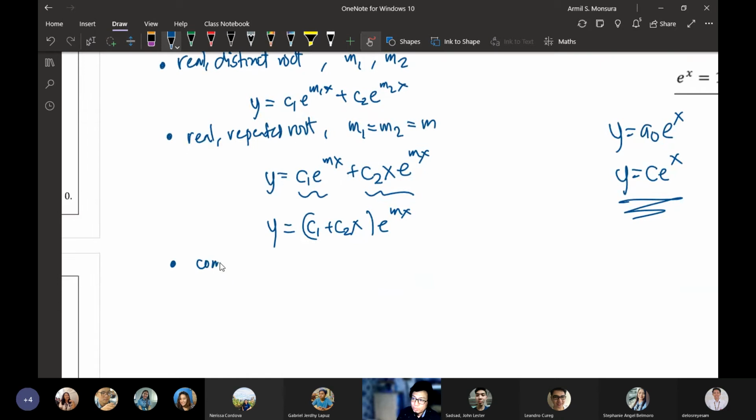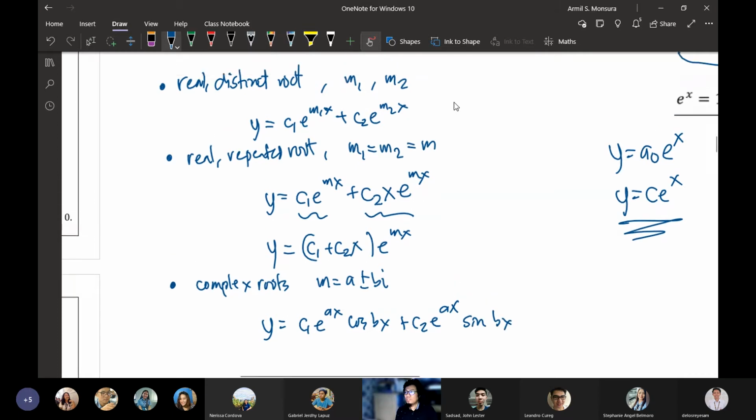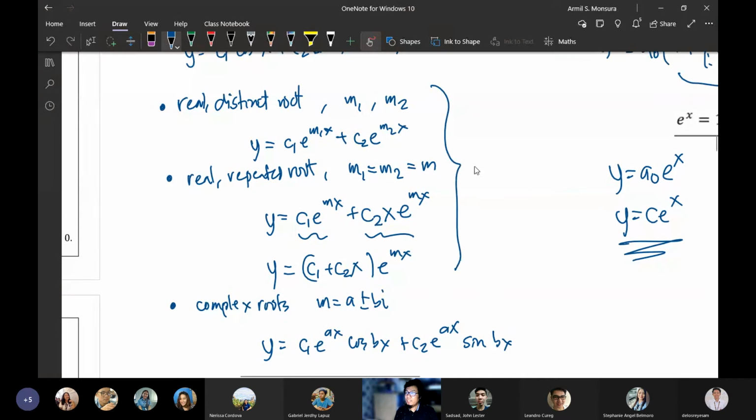For complex roots, I already mentioned it. First of all, they must be complex conjugates. So your homogeneous solution is C1 e raised to ax cosine of bx plus C2 e raised to ax sine bx. So if your roots are real, your solution is exponential.